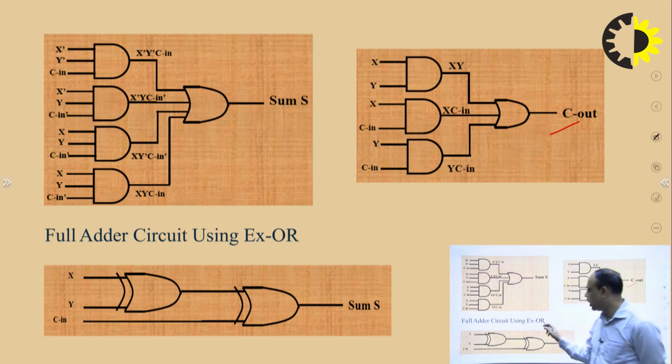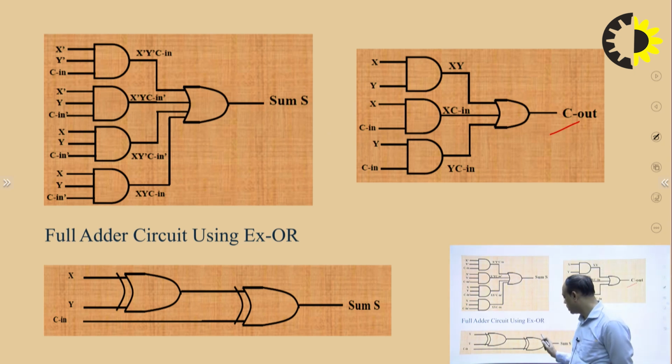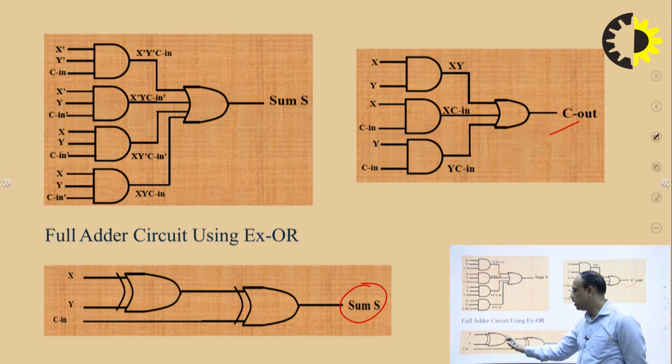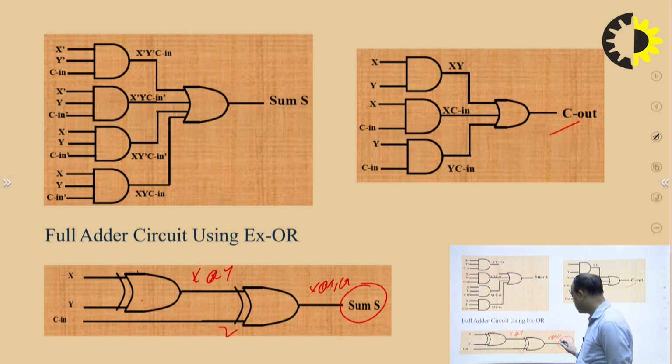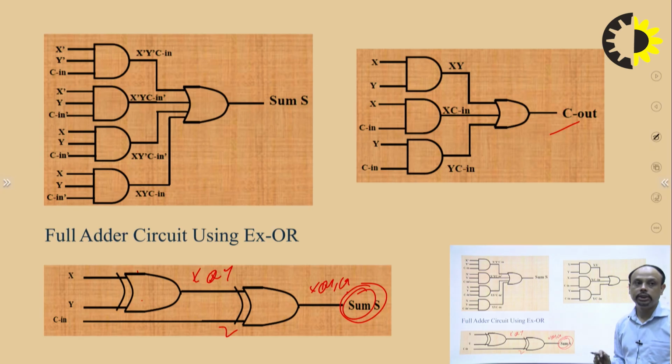And for the sum function, it is x XOR y XOR z, so this is x XOR y XOR z over here. So this is the representation of the full adder in the different logic forms.